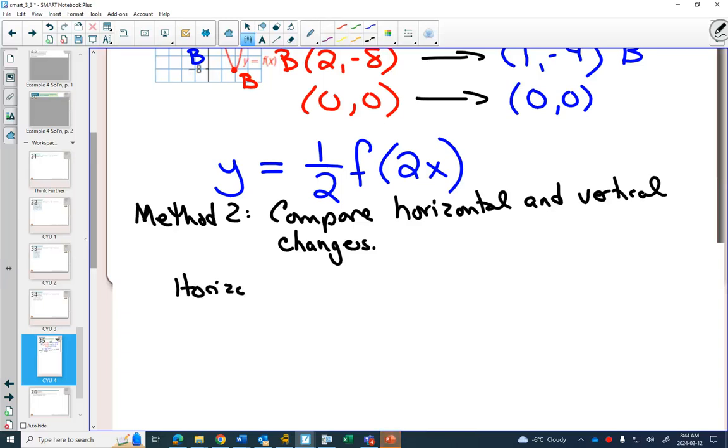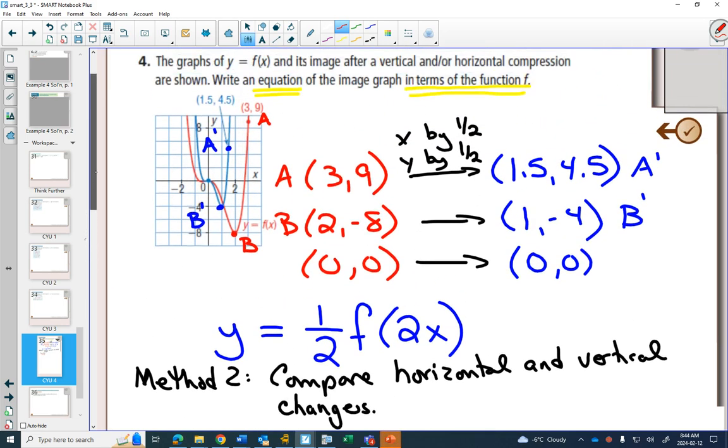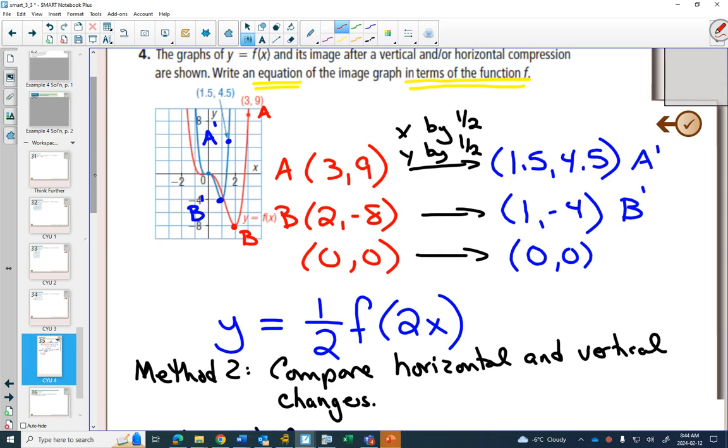So if we look at horizontal, in the original, from A to B, if I labeled my A up here and my B back here, I'm going back 1.